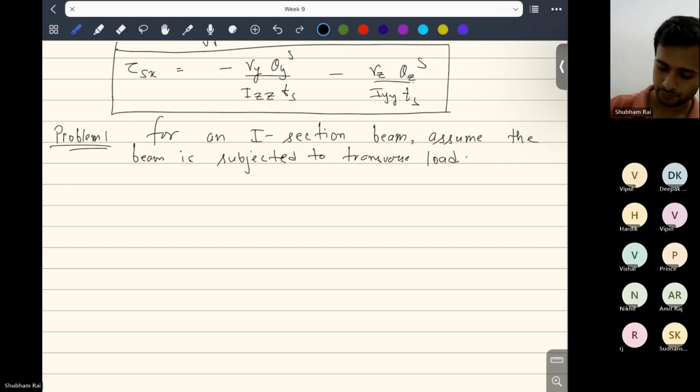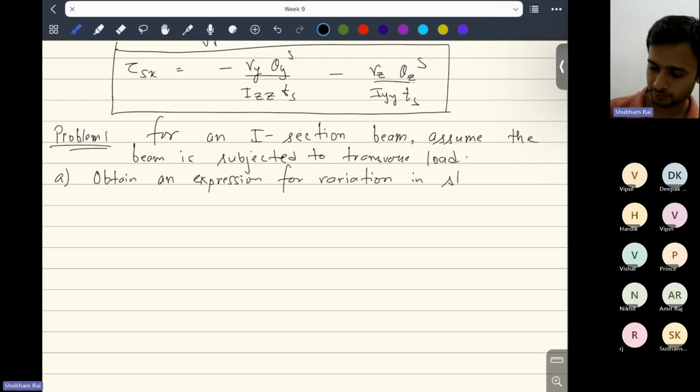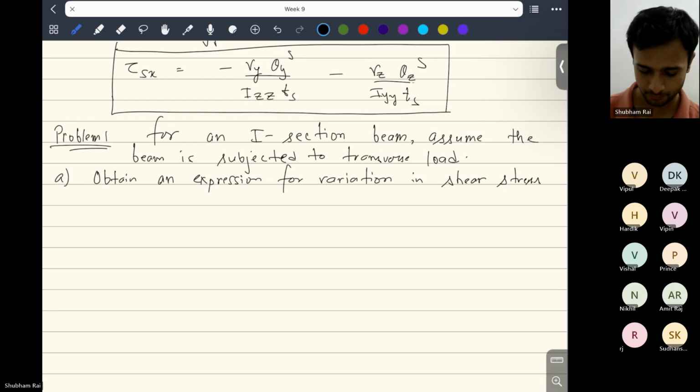First, what we have to do is obtain an expression for variation in shear stress tau xy within its cross section.